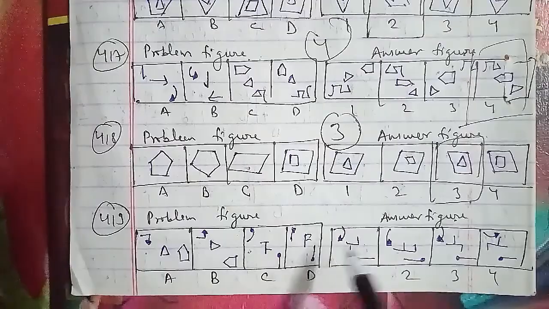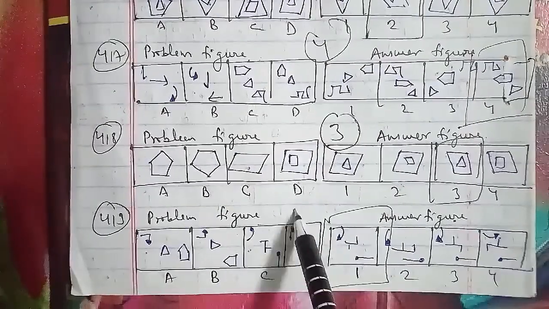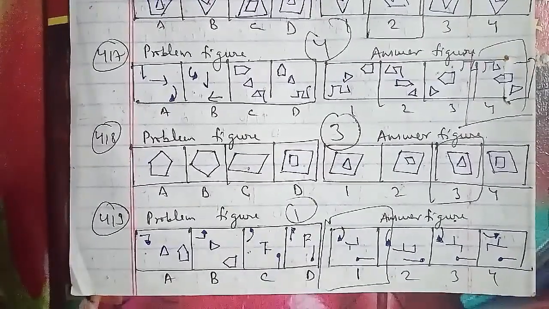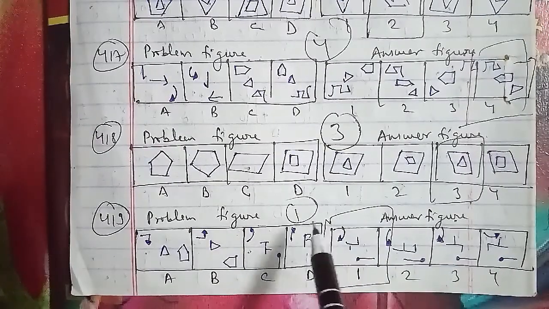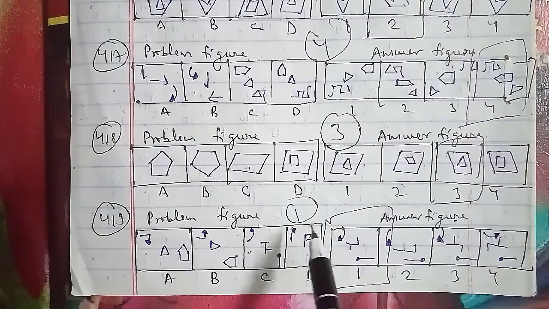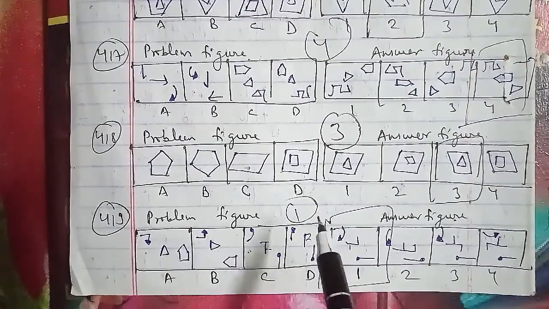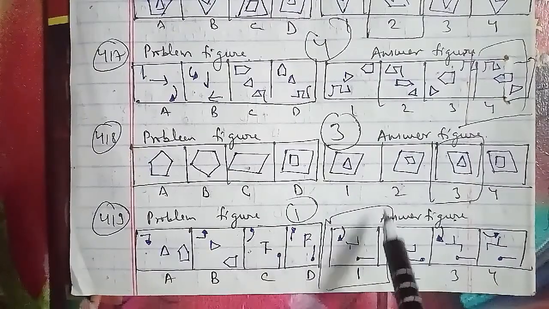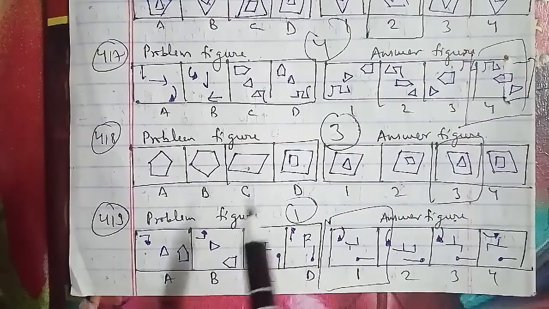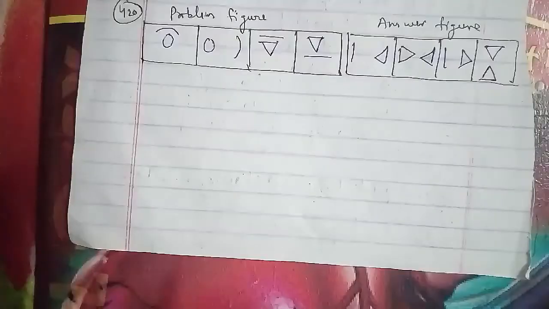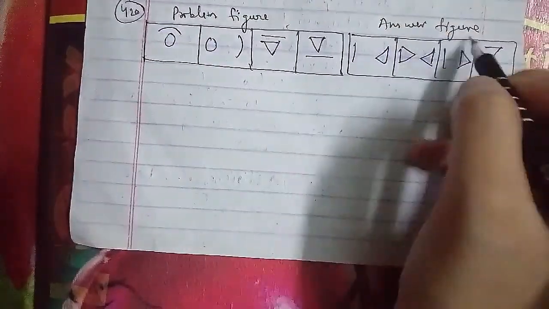Now we will be going ahead with another one and the last question that we have to talk about in terms of the analogy, which is the 420th question of the session with reference to the analogy of type 5. This is the 420th question of the session, where it is problem figures and these were the answer figures named as A, B, C and D. This has been named as 1, 2, 3 and 4 respectively.